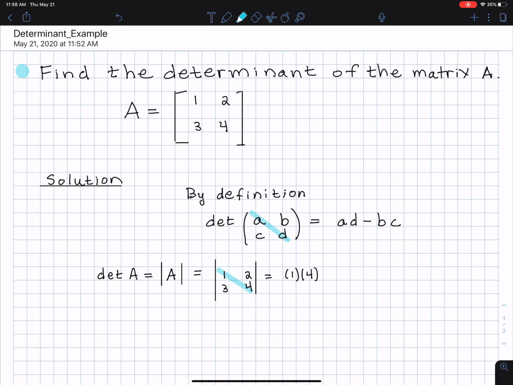And then we subtract the B times C, so that would be 2 times 3. And that equals 4 minus 6, which is negative 2. Now, the applications for these is another question. But that is how you find the determinant of a 2 by 2 matrix.